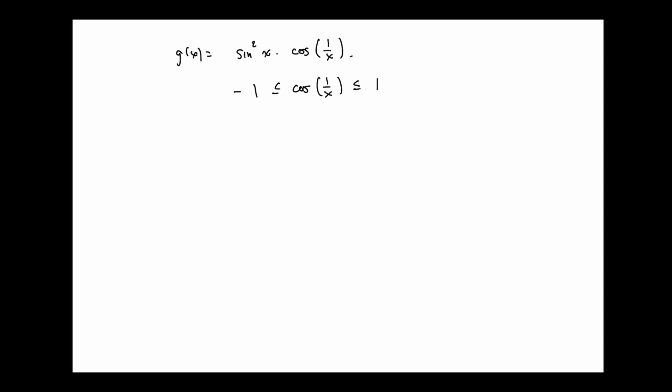Oh, it was sine of x squared. Okay, sorry. Yeah, thanks. That will matter. Are you sure? I thought it was. Well, it'll end up working the same way. But okay, so it was this.